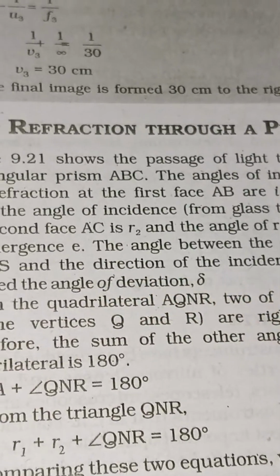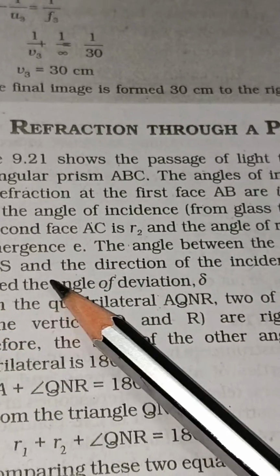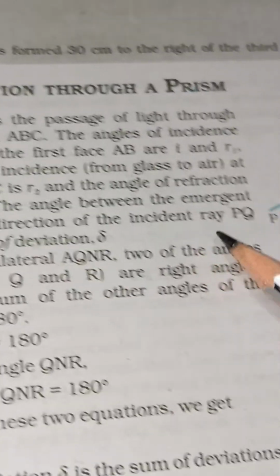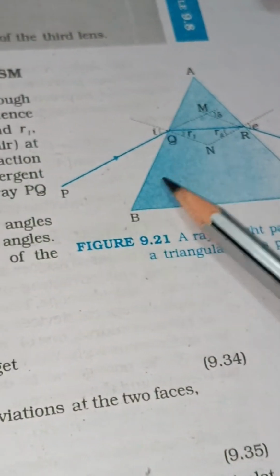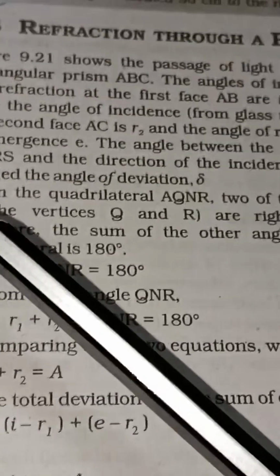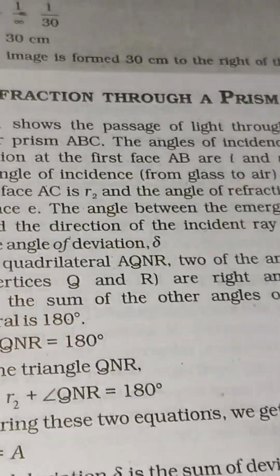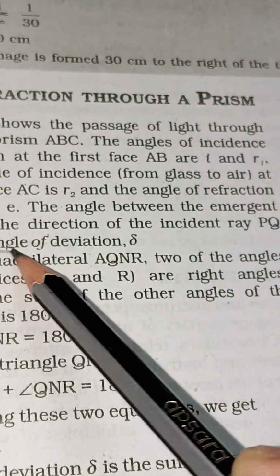The angle between the emergent ray RS and the direction of the incident ray PQ is called the angle of deviation, delta.